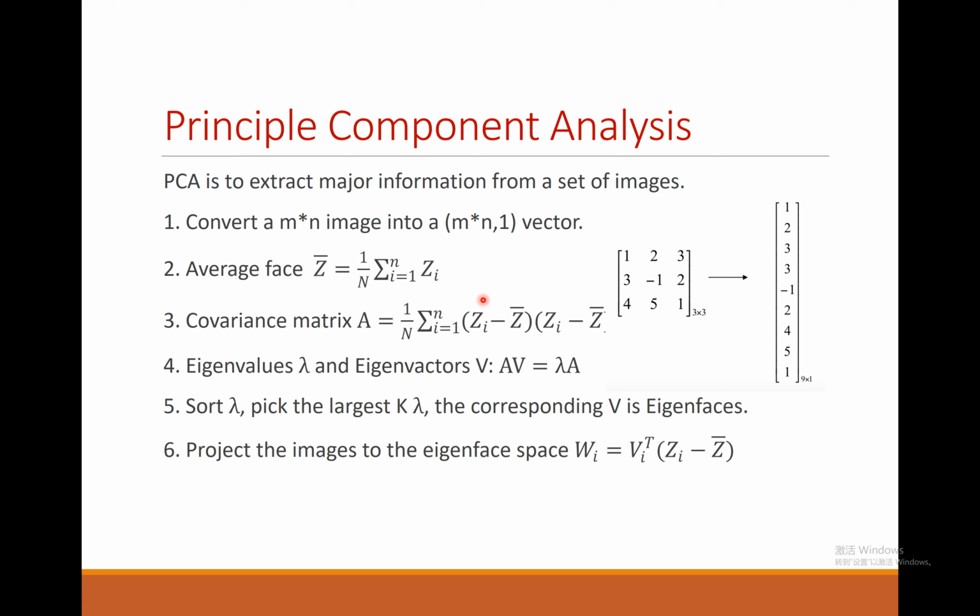Once the covariance matrix A is computed, we compute the eigenvalues and eigenvectors from the matrix. Then we sort the eigenvalues from high to low, and we pick the largest k lambda, and the corresponding eigenvectors are called eigenfaces, which preserve the major information of the input images.